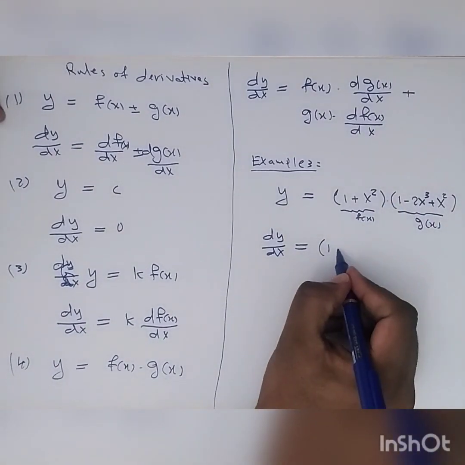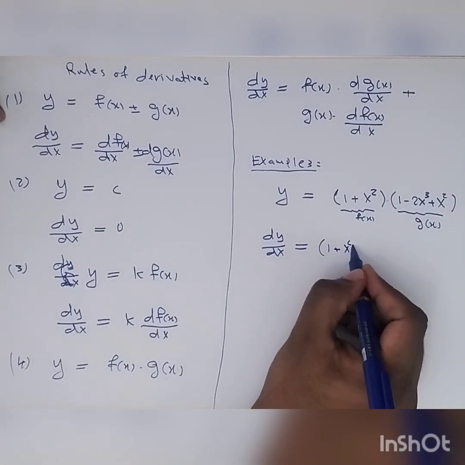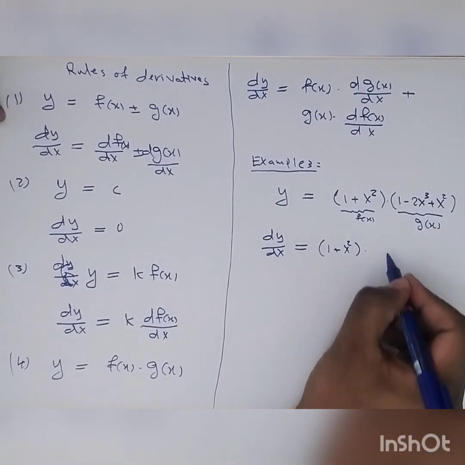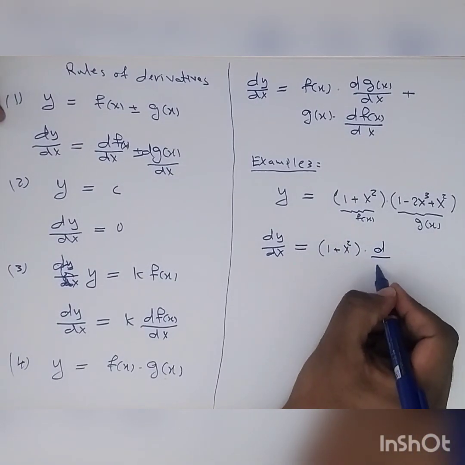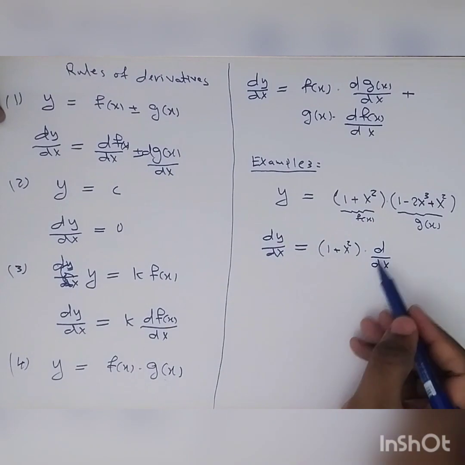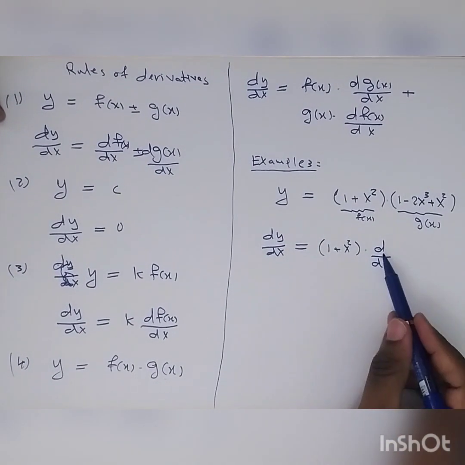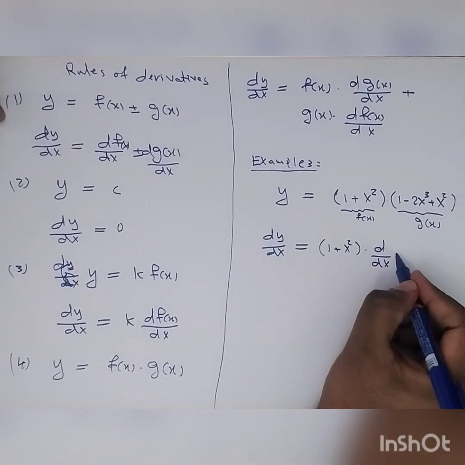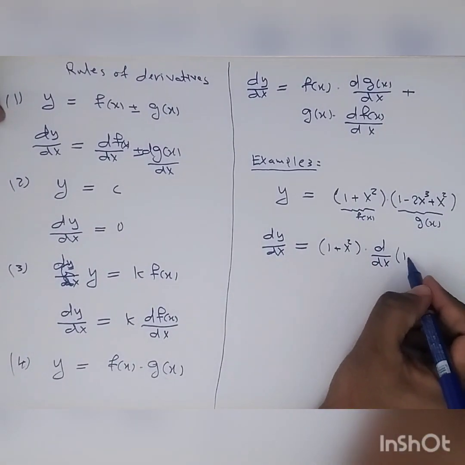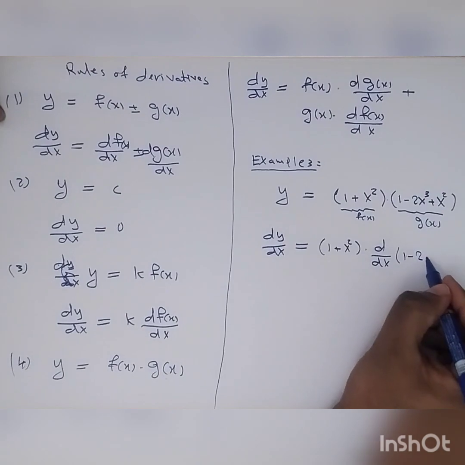So the first function times the derivative of the second function. We can just write the operator of the derivative as d by dx, and then we put the function here. That is always recommended to do.